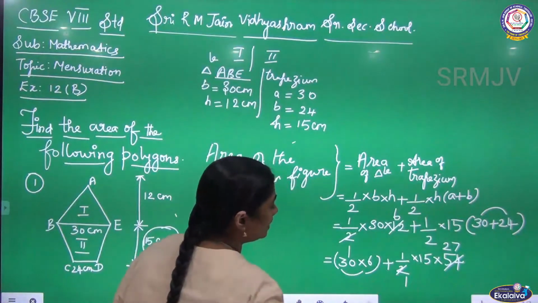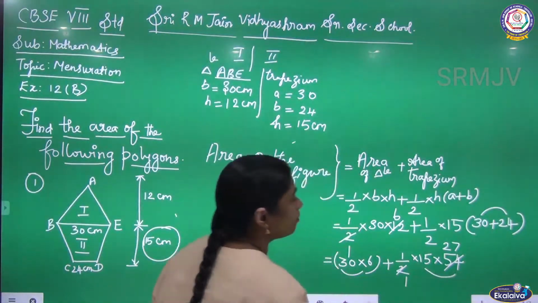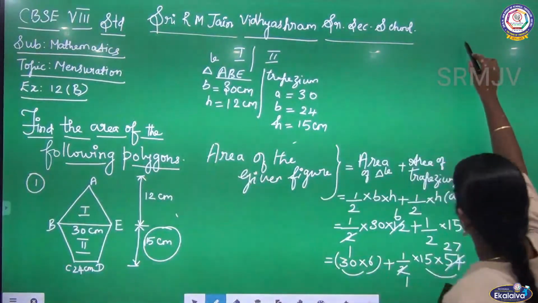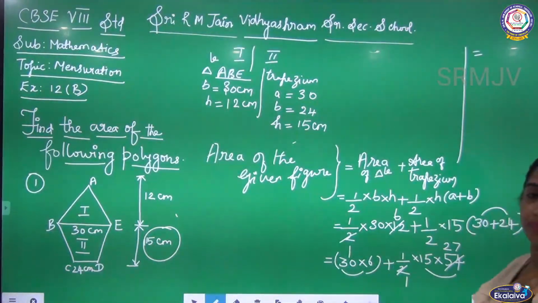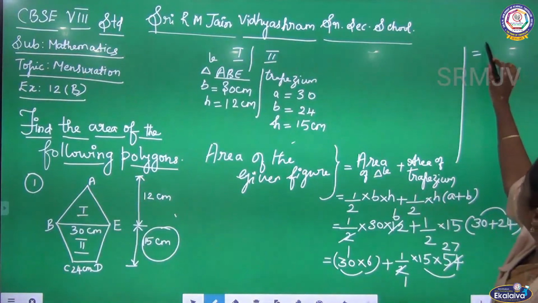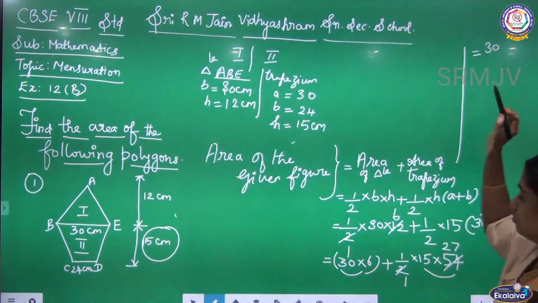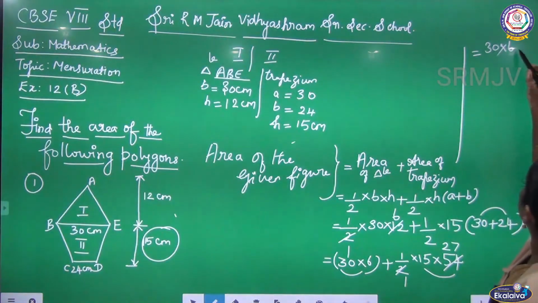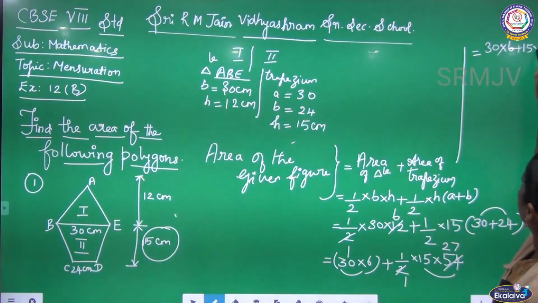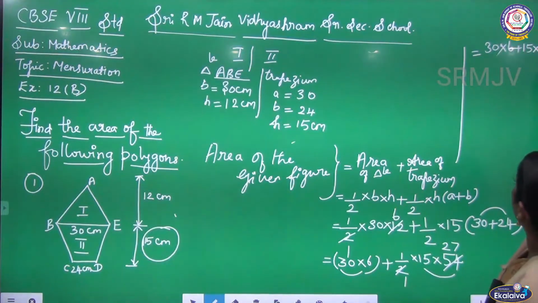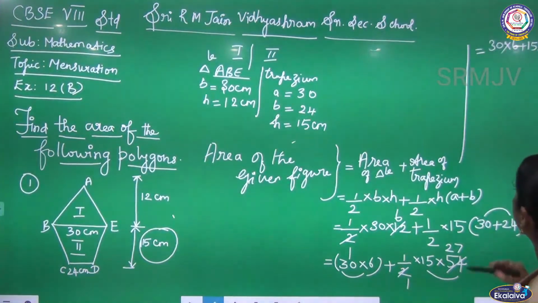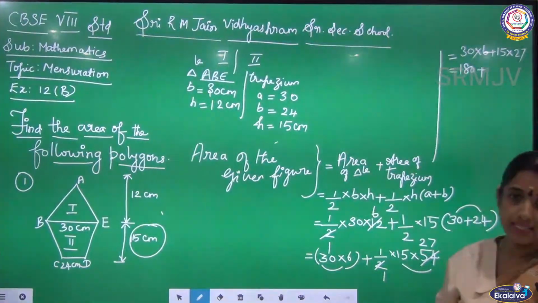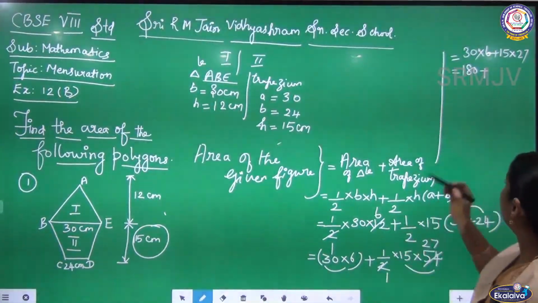So, now what I have to do? I have to multiply this. Just do here. Listen. 30 into 6 plus 15 into 27. Just do it in the rough column. 30 sixes are 180 plus 15 27s.